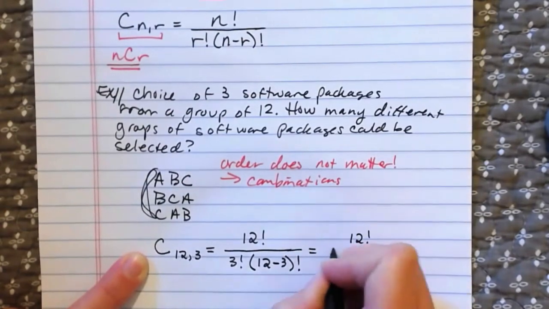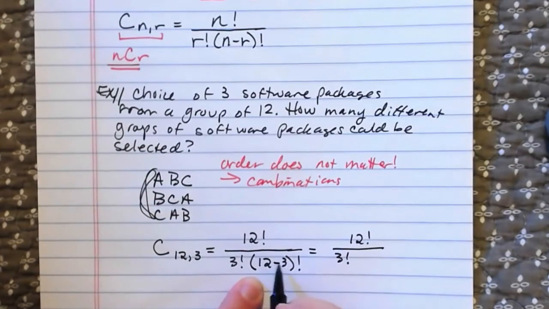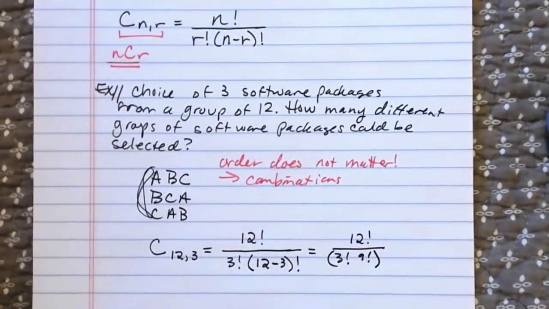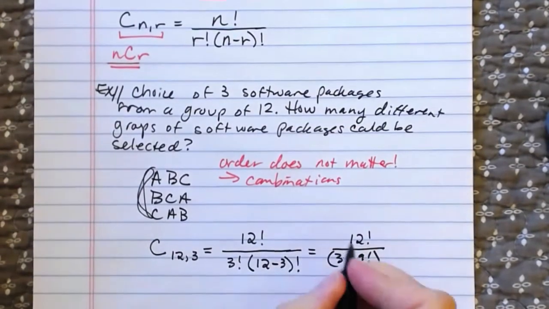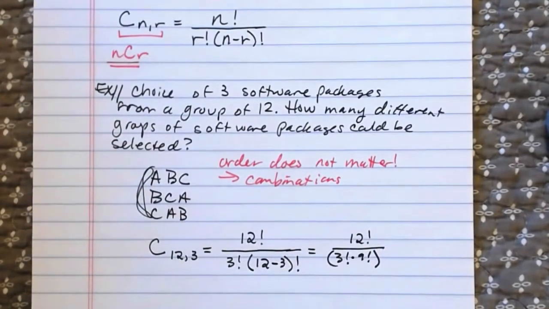So I'm looking at 12 factorial over 3 factorial times 12 minus 3, which would be 9 factorial. And I'll want that denominator in its own set of parentheses when I'm doing this computation on the calculator. So this is what I'm going to put into the calculator here.